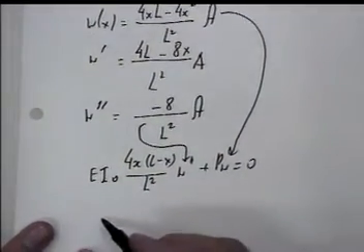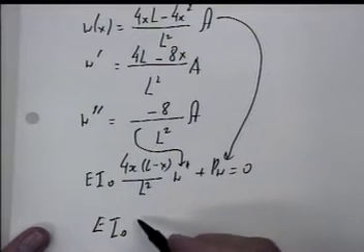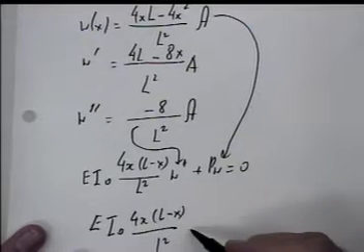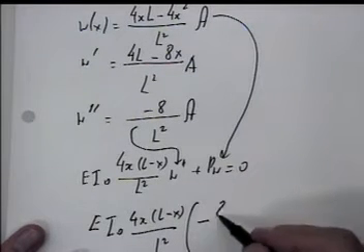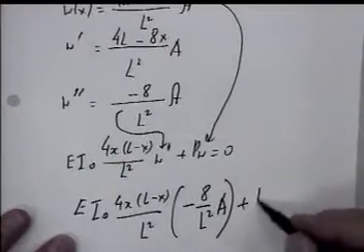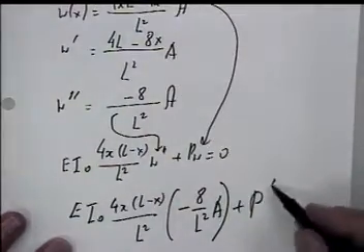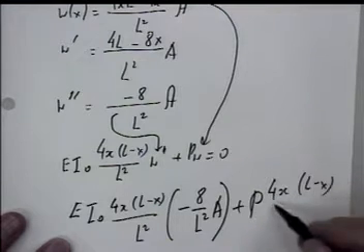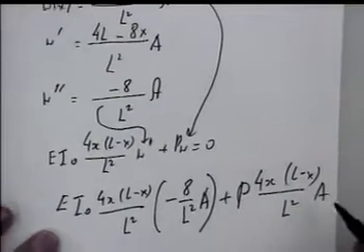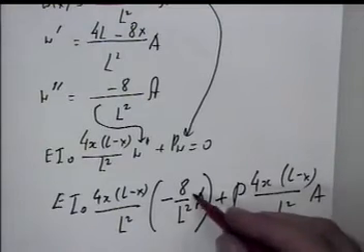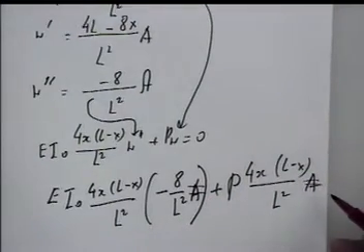So we get EI0 4x L minus x over L square, second derivative minus 8 over L square A, plus P W, 4x L minus x over L square A. Now, A and A can be cancelled.